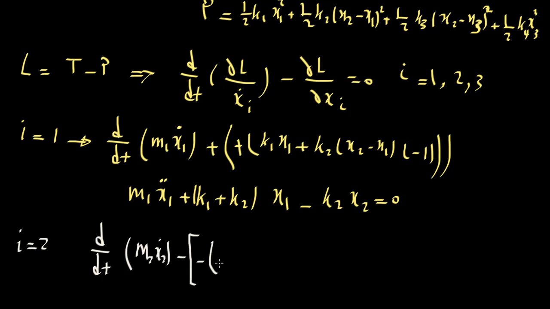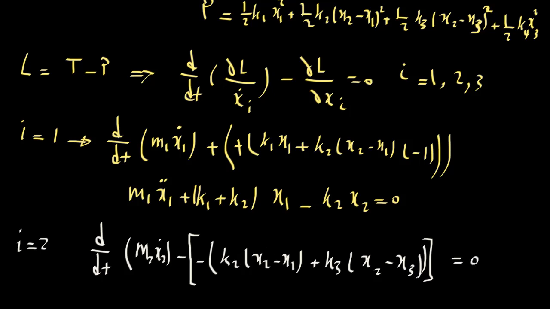This would be k2 (x2 minus x1), and here we have plus k3 (x2 minus x3), that's it. And this is equal to, we have to have another parenthesis here, equal to 0.